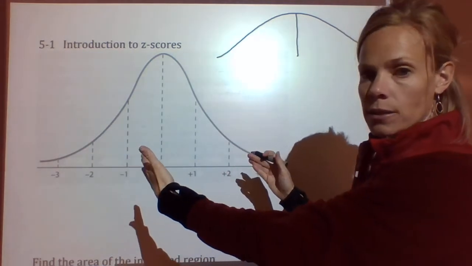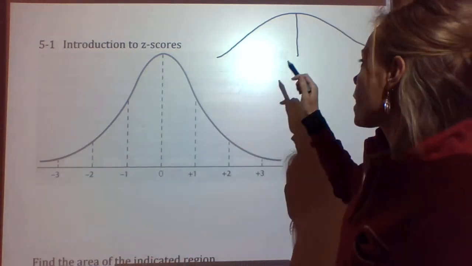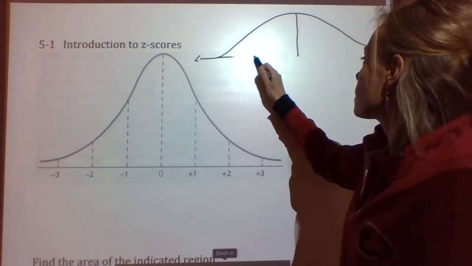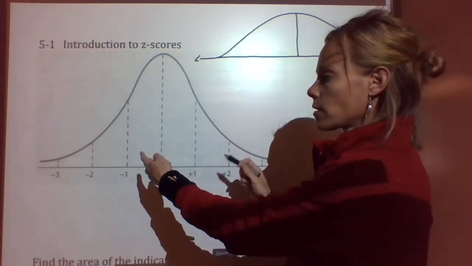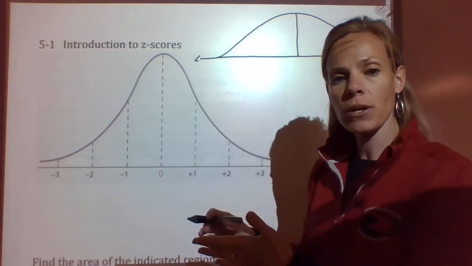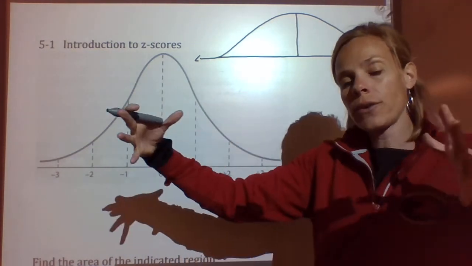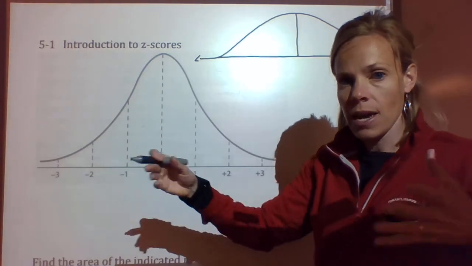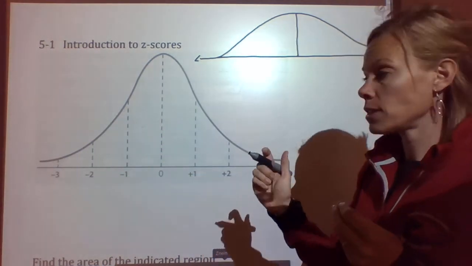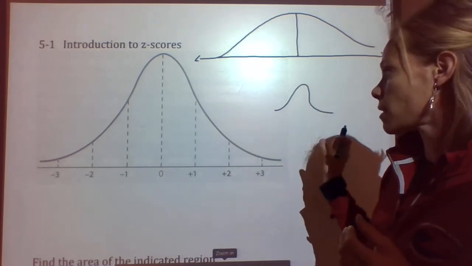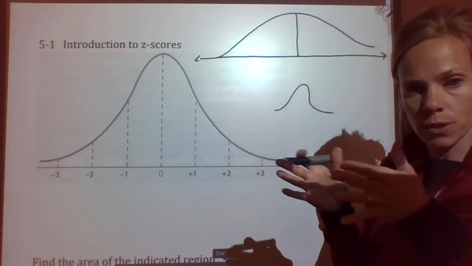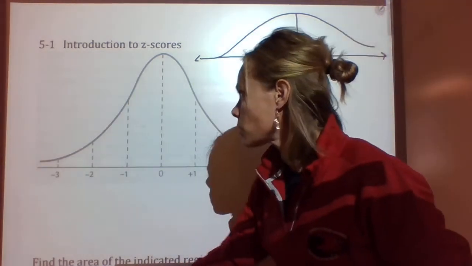I can tell by looking at these two normal curves that this standard deviation is larger than this standard deviation. The bigger your standard deviation is, the wider your normal curve is. If I have a really small standard deviation, then maybe my normal curve would be even skinnier, like that. It'd be even narrower, okay? So that's something to know.